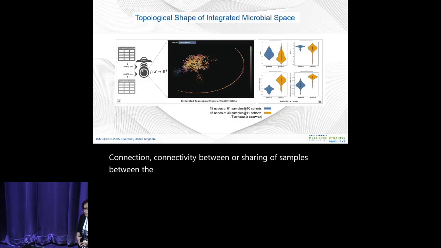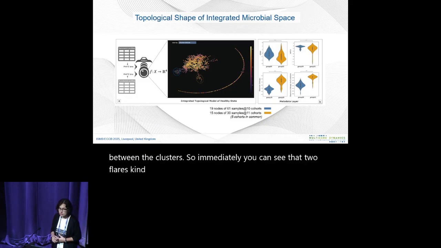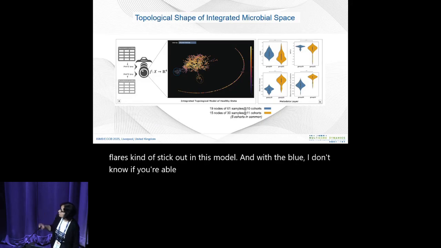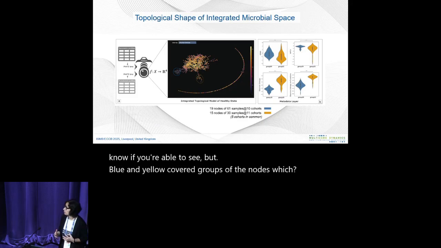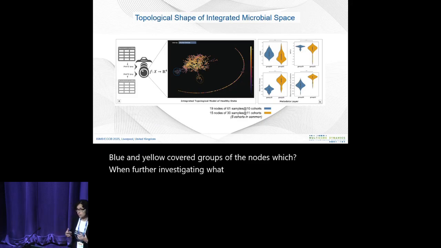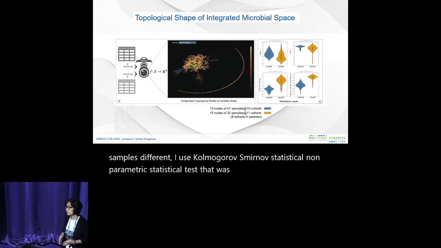So immediately you can see that two flares stick out in this model, the blue and yellow colored groups of nodes, if you are able to see. When further investigating what makes these groups of samples different, I used the Kolmogorov-Smirnov non-parametric statistical test that was mentioned in the previous talk.